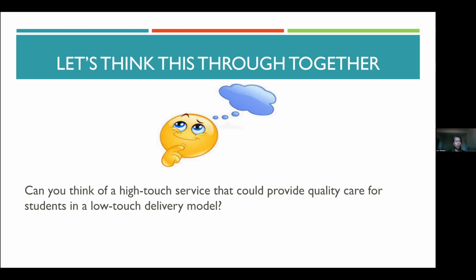That would maybe reduce the amount of time that you had to spend on offering that particular service. So that's one way to think about how high touch services maybe can be delivered in a low touch delivery model, where we can reduce the amount of time that needs to be spent, and we still have a quality service.